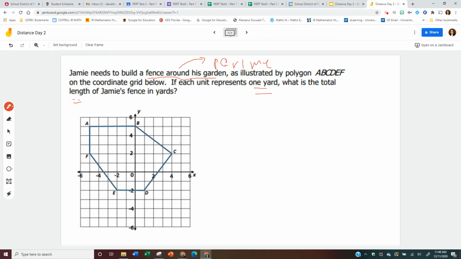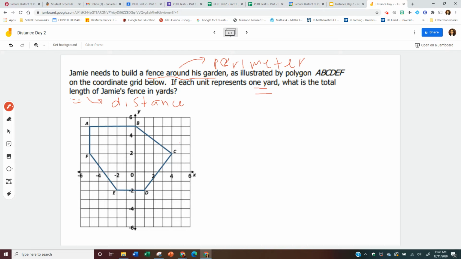Perimeter. It's supposed to be an E. I'm sorry. So this is the perimeter all the way around. Now it says we want the total length. Another word for length is distance, like your distance formula. So what that's telling us is if we want the perimeter, we want all the way around, we want to find the distance.